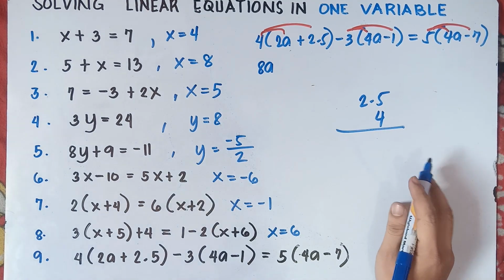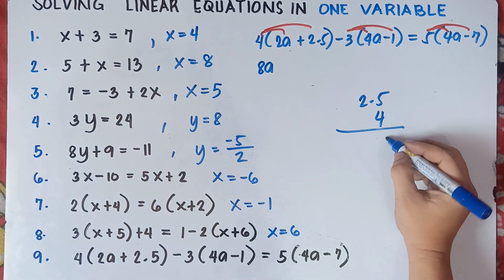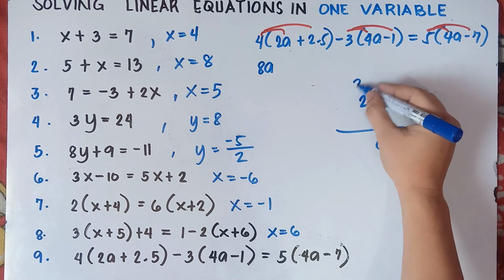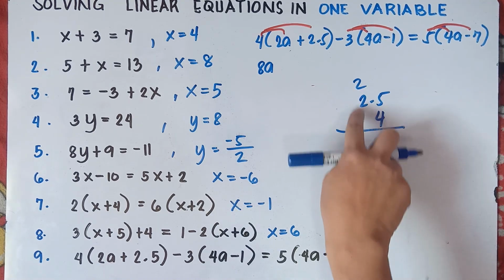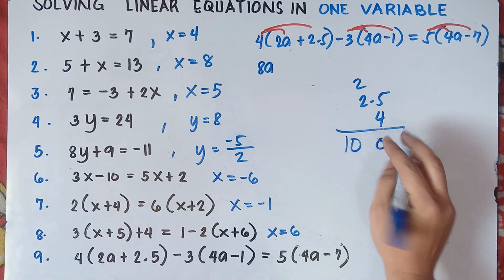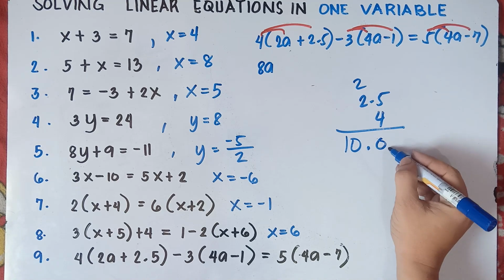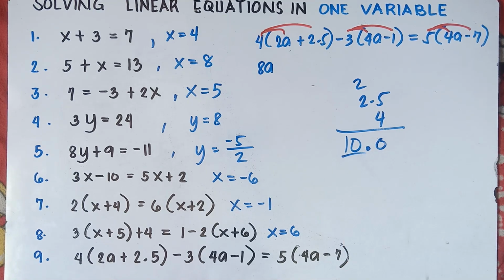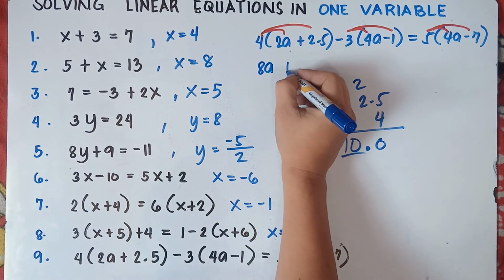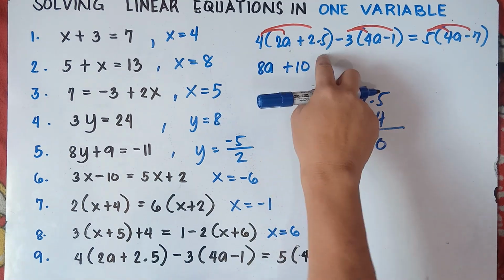Neglect first the decimal. So 4 times 5 is 20, 0, carry 2. 4 times 2 is 8 plus 2, that's 10. Then copy the decimal places. We have 1 decimal place, so just put 1 decimal. So our answer is 10. So plus 10. 4 times 2.5 is 10.